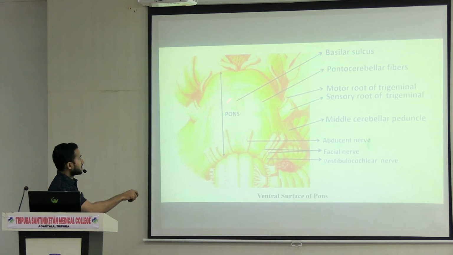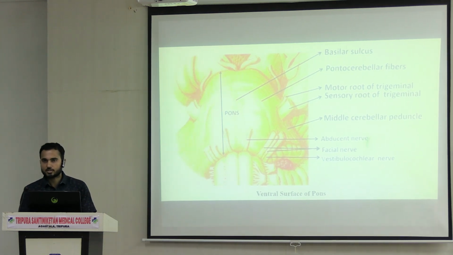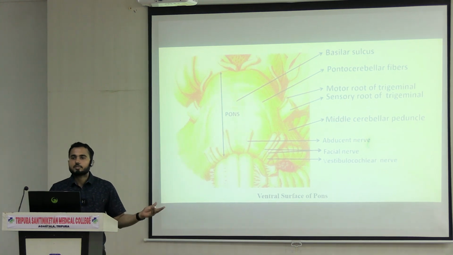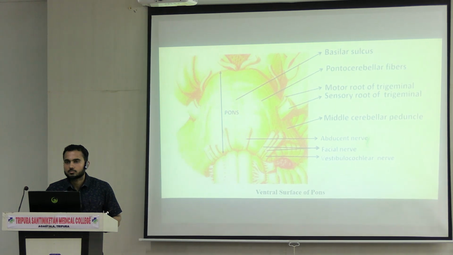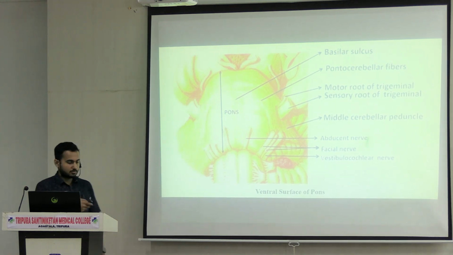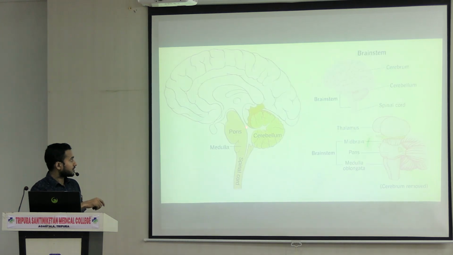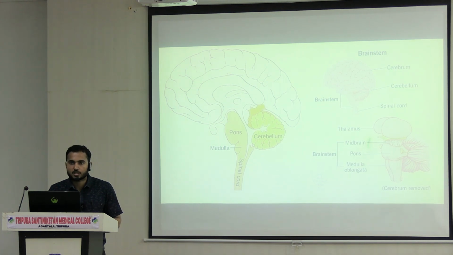This is the ventral surface of the pons, and behind it will be the dorsal surface. What will be present on the dorsal surface? Floor of fourth ventricle.